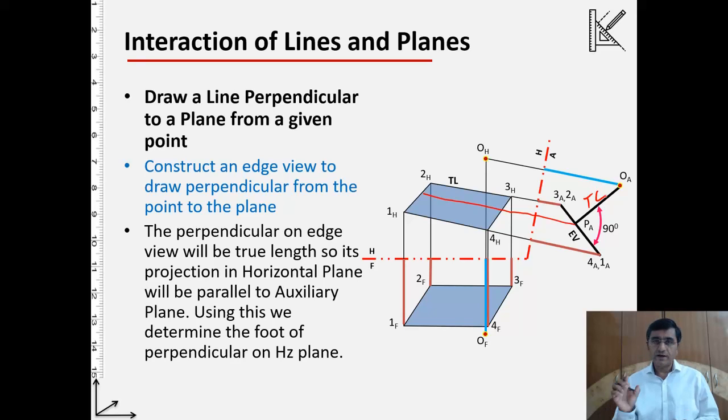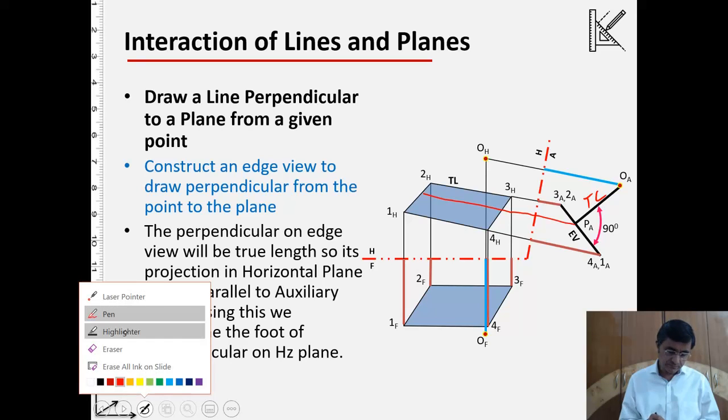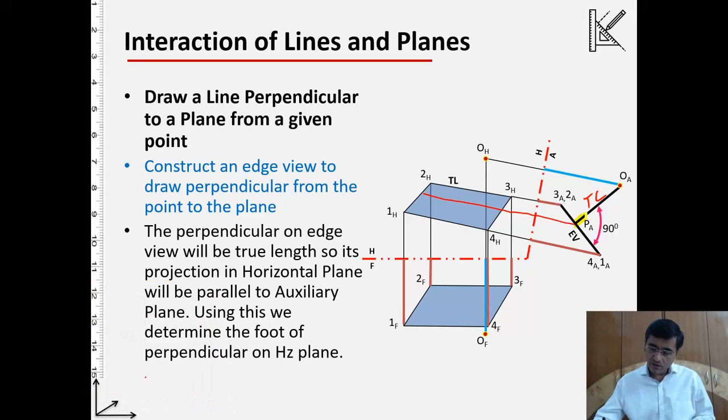So for line OA, PA, if I highlight it, I have the true length on the auxiliary plane. What is the meaning of it? Because I am seeing the true length on the auxiliary plane, on the horizontal plane this line should appear parallel to the hinge line.